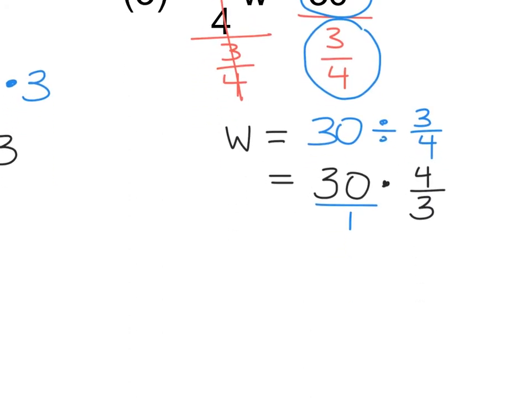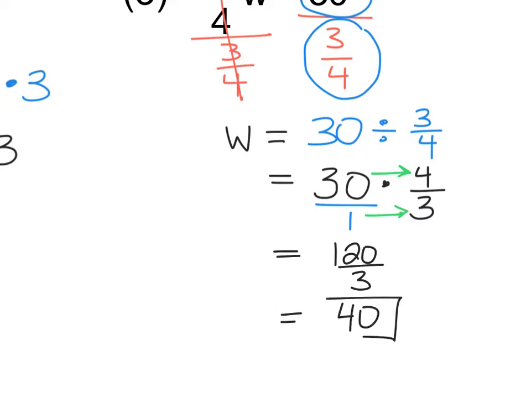You can try to simplify if you want, but when you're multiplying fractions that are on the same side of an equation, we multiply across. So we'd be looking at 120 over 3, which divides to equal 40. All right.